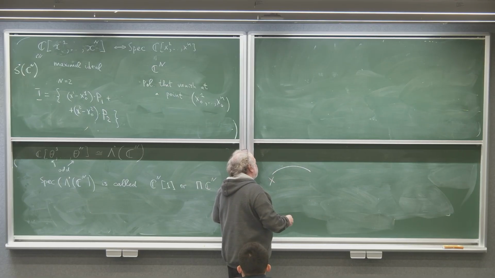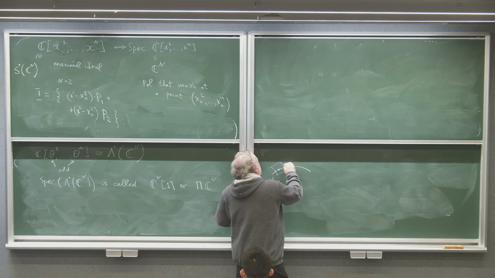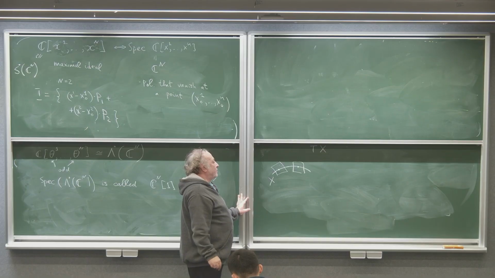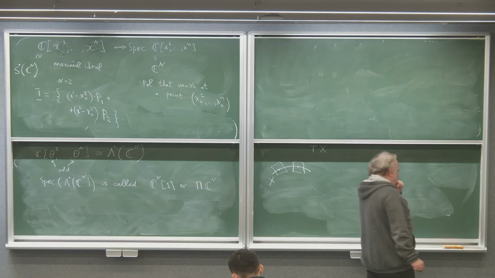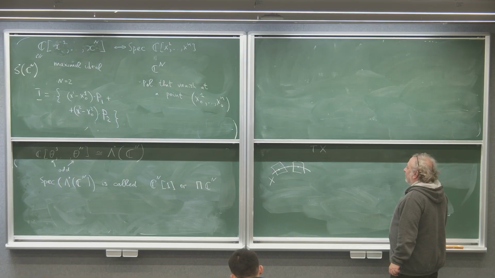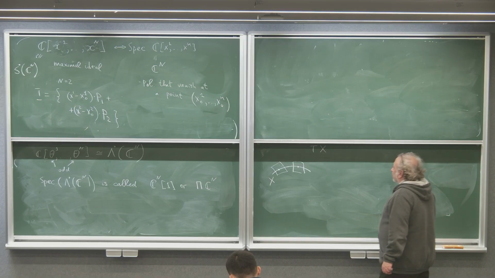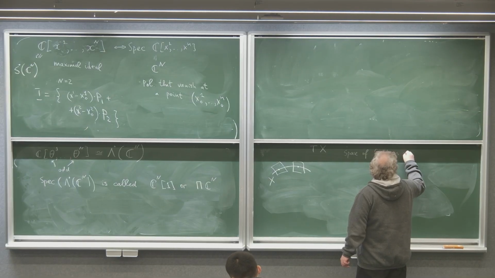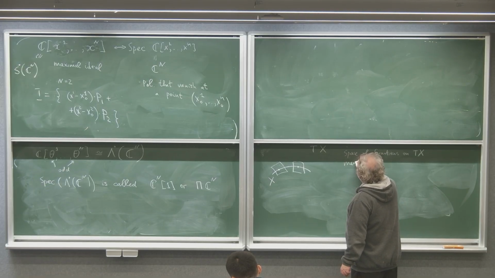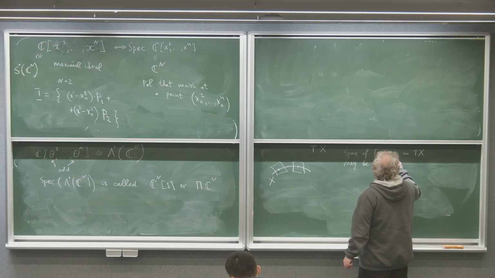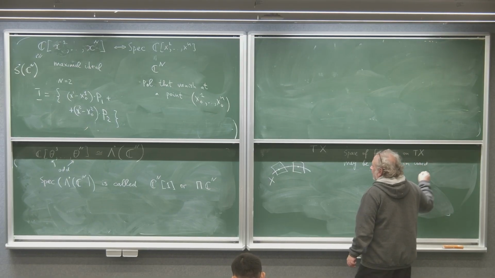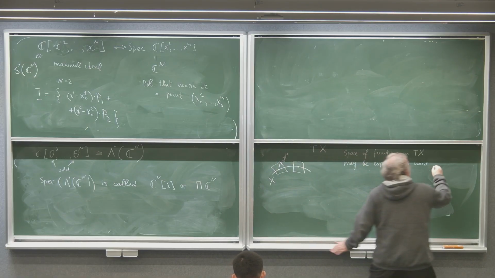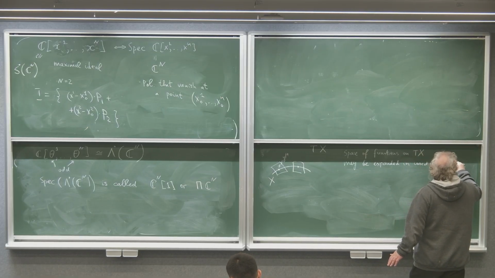Now let us consider the manifold X and the tangent bundle for X. Such functions on TX may be expanded in coordinates that I will call y^nu.